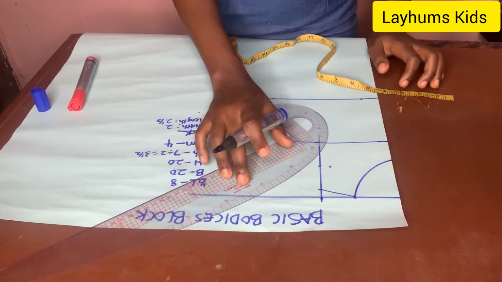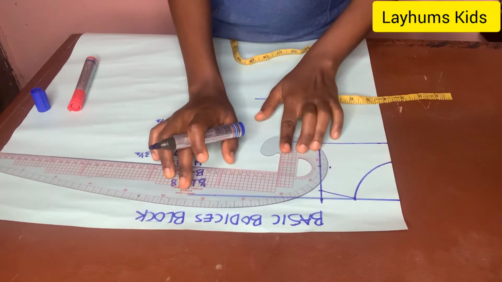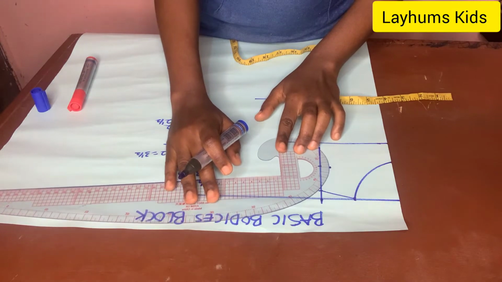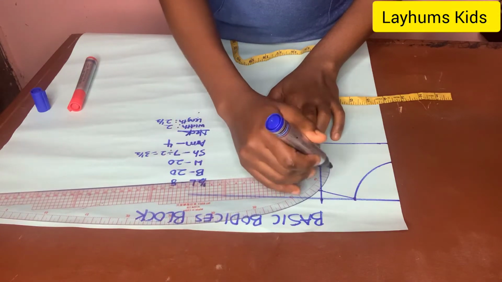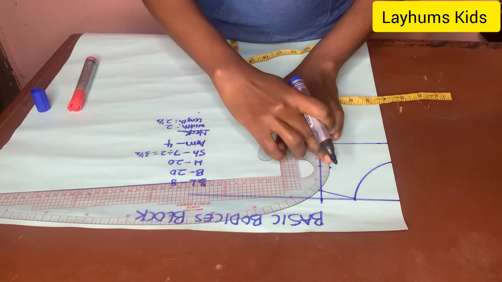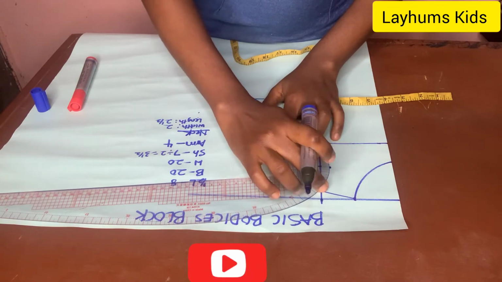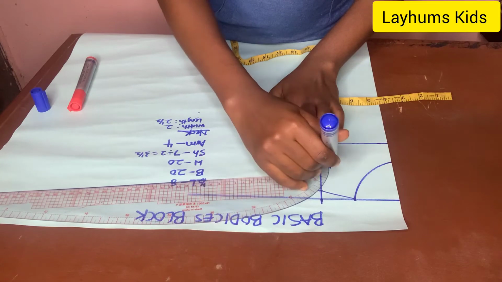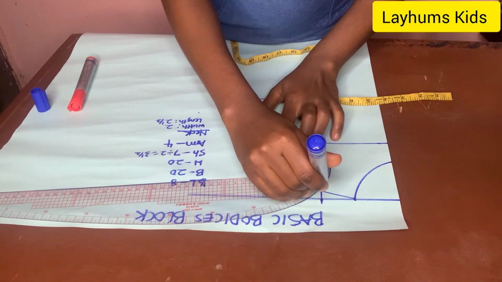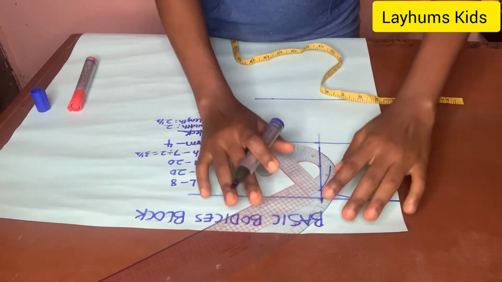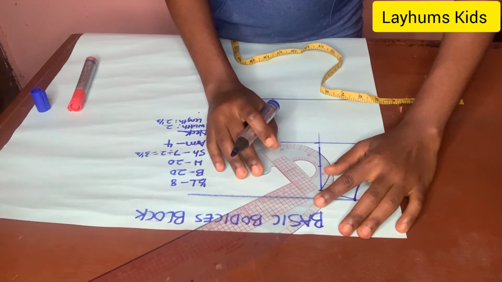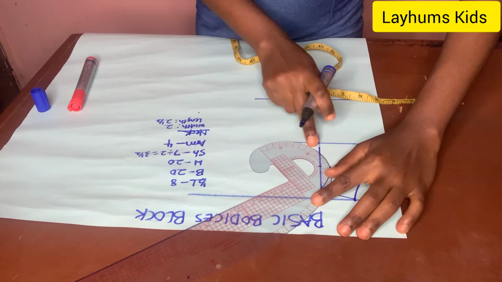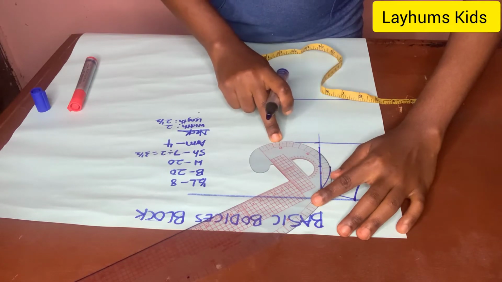So what I'll do is to connect all the points together like so. I connect this midpoint to this side, and I'll connect it to my armhole.